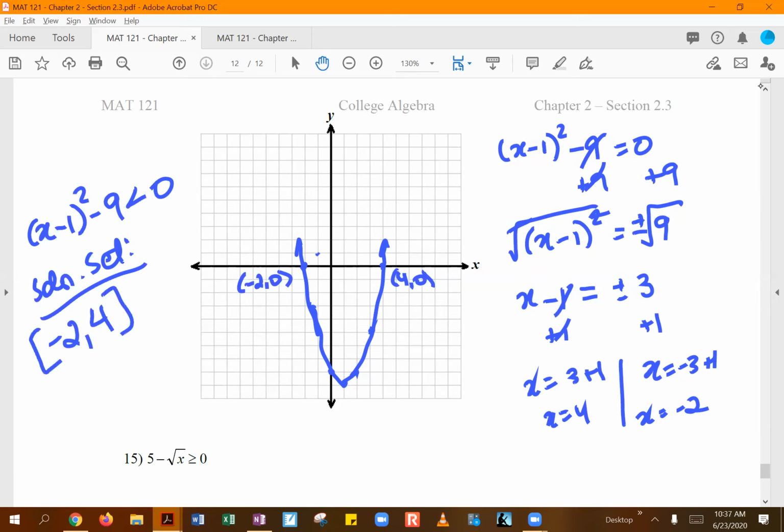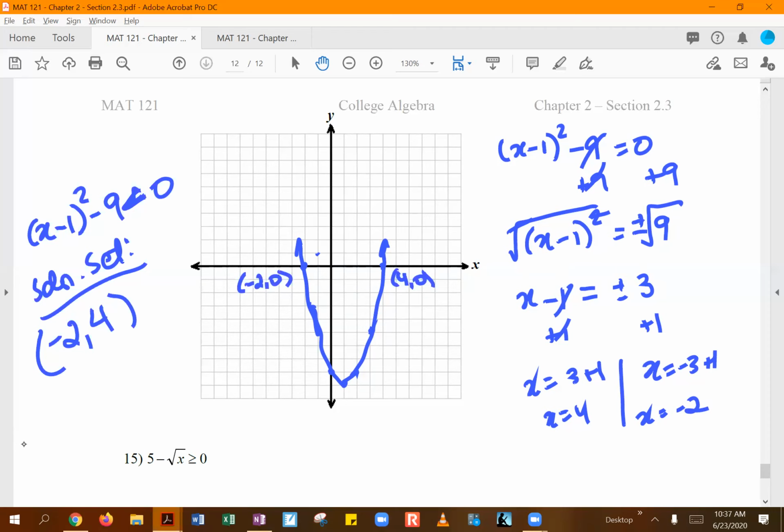And actually they should be parentheses, not brackets, because we have a strictly less than inequality, there's no equal to. All of these x values between -2 and 4 will give you negative y values. If your value is -2 or 4, you get y equals 0. And if you use numbers outside of this range, you get y values that are positive.